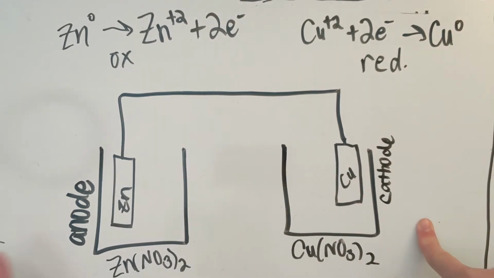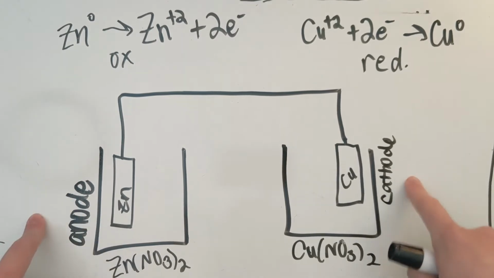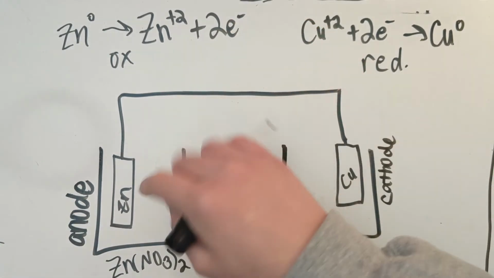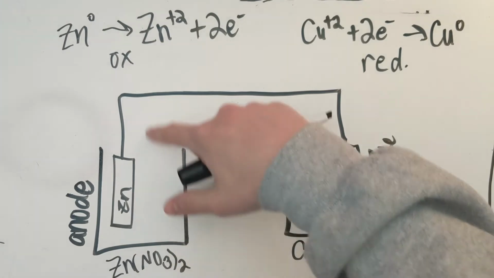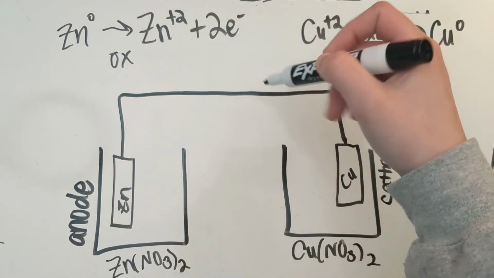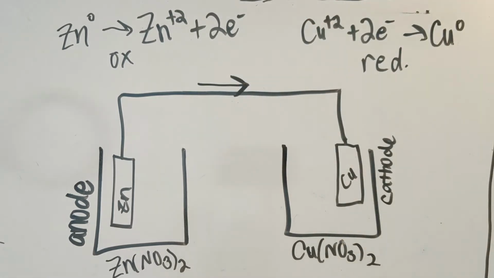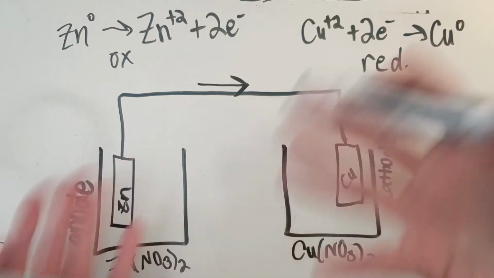Now, our electrons are going to go from the loser to the gainer. So they're going to go from anode to cathode. So our electrons are going to leave zinc, travel across the wire, and be absorbed by copper. Now, our flow is from left to right in this case. We could have written it the other way. It's not always left to right.